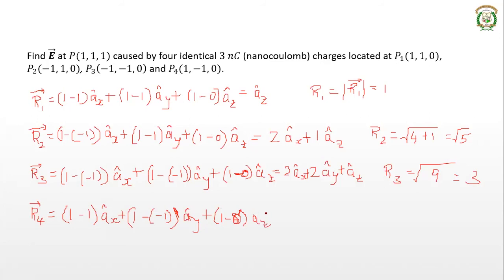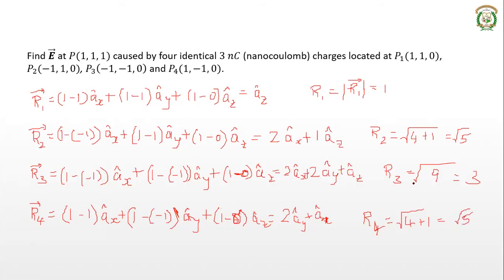So what is that equal to? 1 minus 1 is 0, so the AX component is 0. 1 minus minus 1 is 2, so 2 AY plus AZ. What is the magnitude of R4? Yes, root 5, right? Square root of 4 plus 1, that is equal to square root of 5.